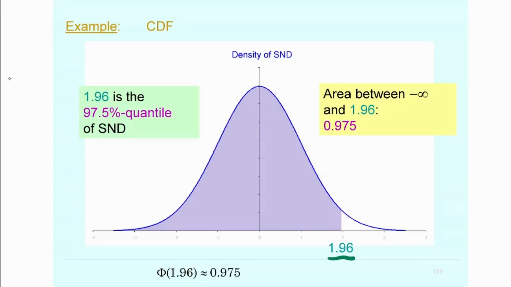I think you have seen that one also, right? If the 97.5% quantile of a distribution is considered, that's by definition a value which is not exceeded by 97.5% of that distribution. So since the standard normal distribution does not exceed 1.96 with 97.5% probability, 1.96 will be considered to be the 97.5% quantile of the standard normal distribution.